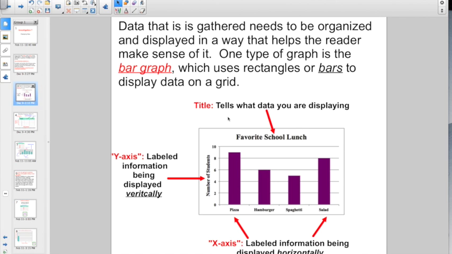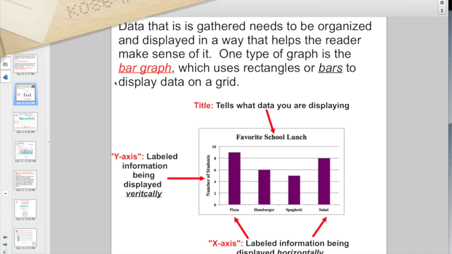You always want to have a title that tells you what type of data you're displaying. You want to have labeled information displayed horizontally. This is called the x-axis if it's going horizontally. You also want to have your y-axis information labeled. The y-axis is the information you're displaying vertically.